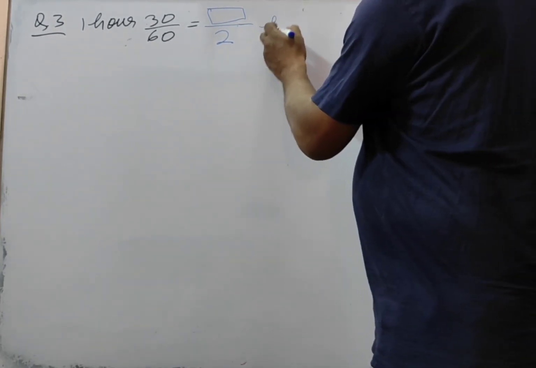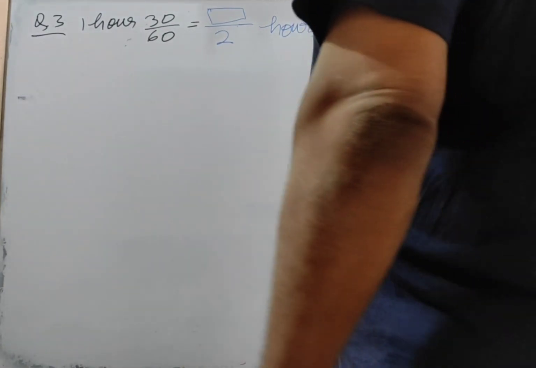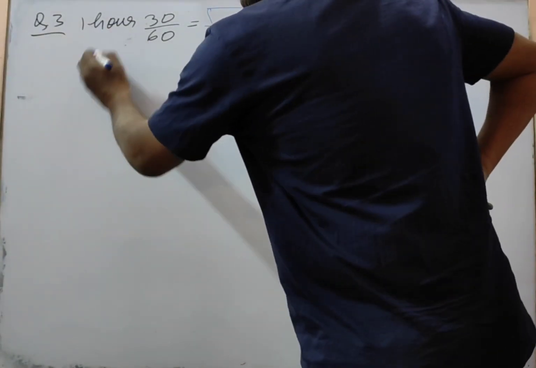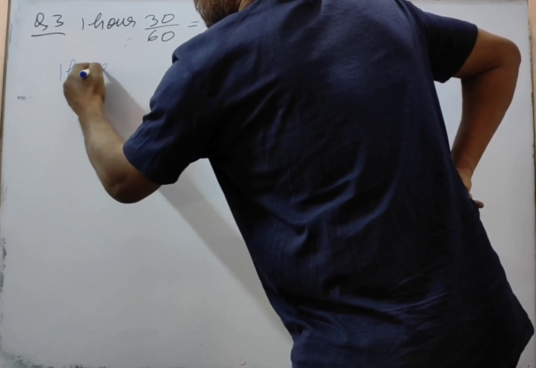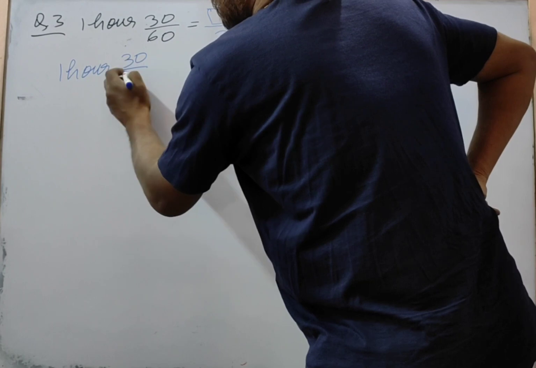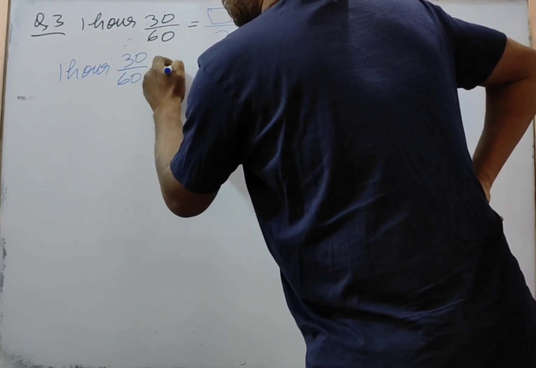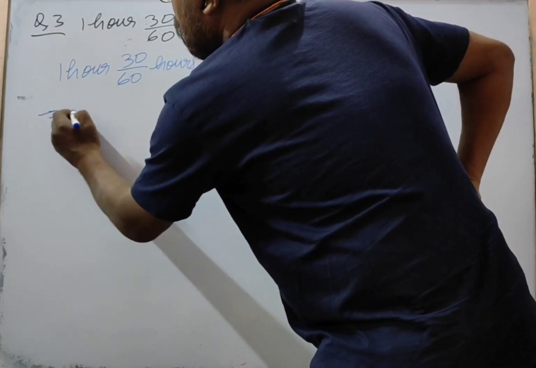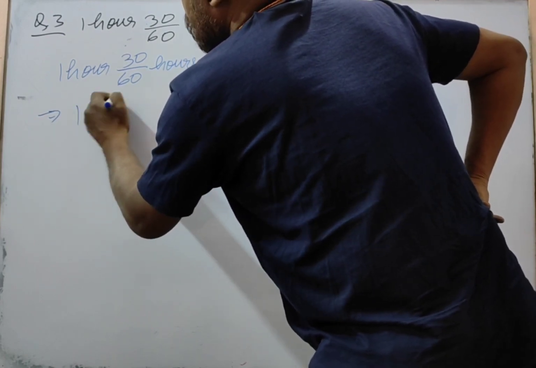It is hours. So this is 1 hour, 1 hour, and this will also be 30 minutes, 30 upon 60 hours, right? So we can write it like this: one whole, one whole 30 upon 60.